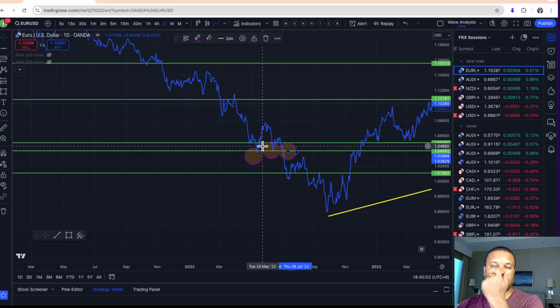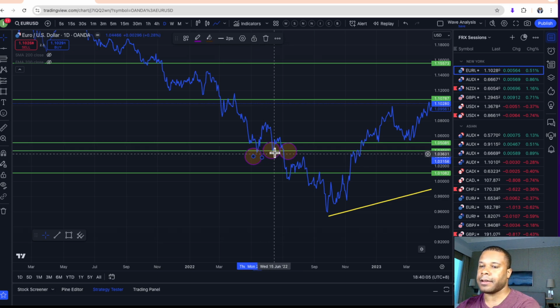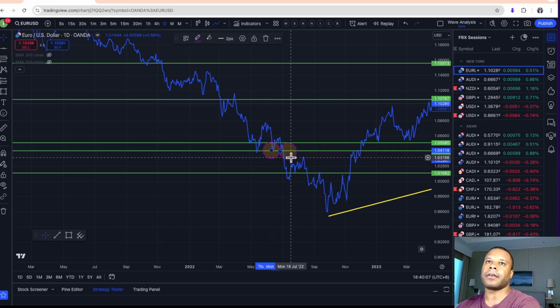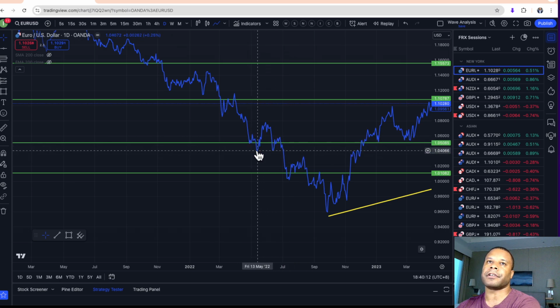And we can see these multiple touches. We can see that it didn't just hit this level, but it actually had another level.